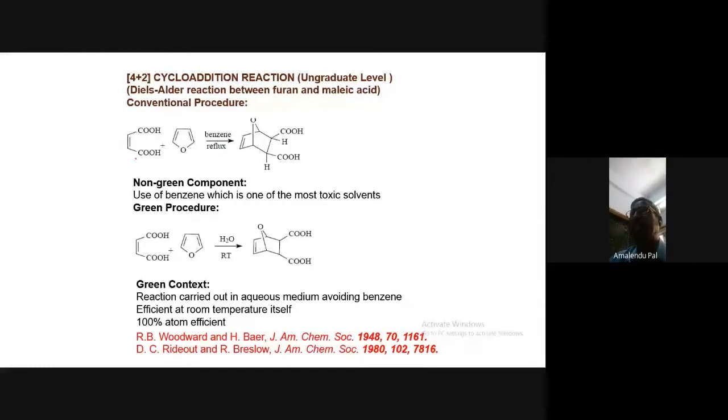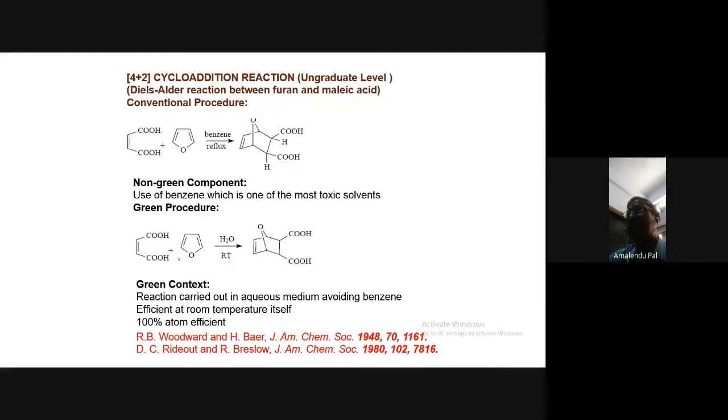So this method is not good in that sense, and we have to avoid benzene as much as possible in our lab. The green procedure is simply to take furan and maleic acid in water at room temperature. The reaction can be done in aqueous media, at room temperature, and with 100% atom efficiency.